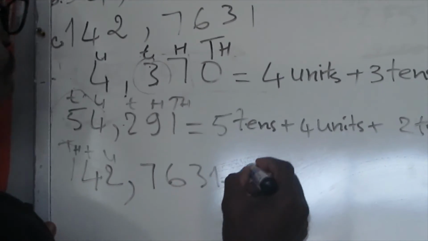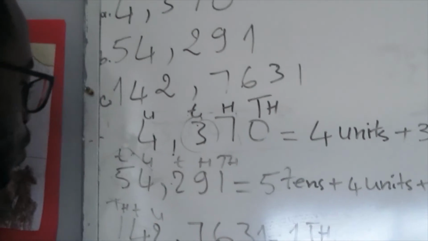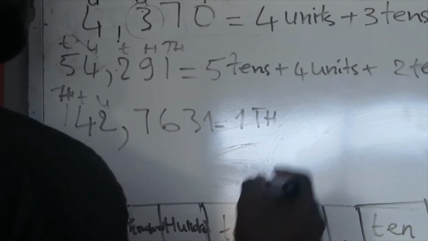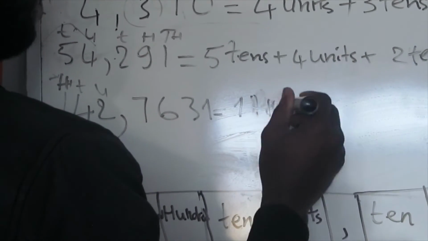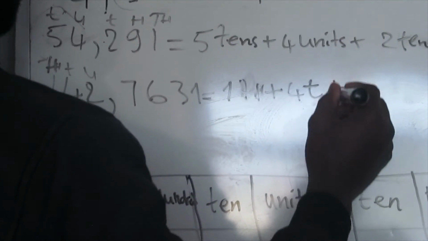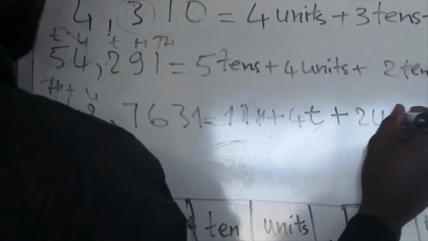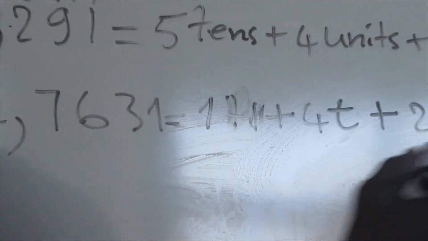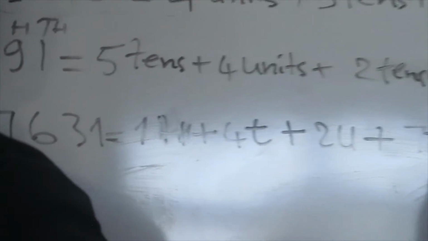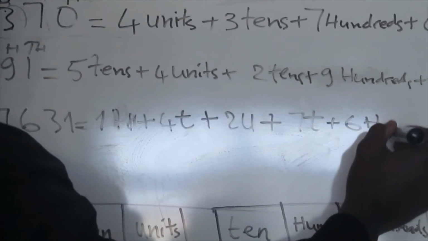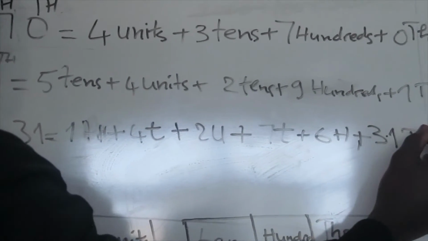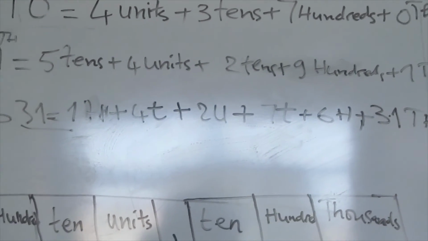We start with 100 first, 100 plus 4 tens plus 2 units plus, now after the comma, the first digit is 7 tenths plus 6 hundredths plus 3 thousandths plus 1 ten-thousandth.